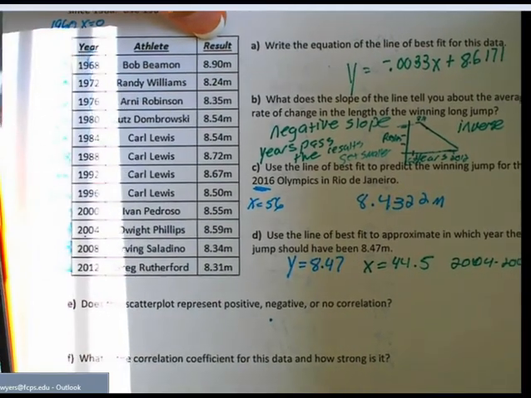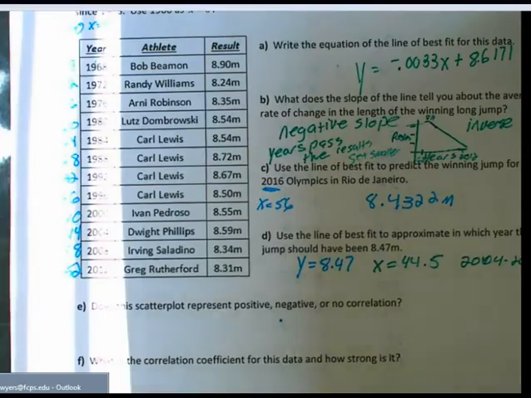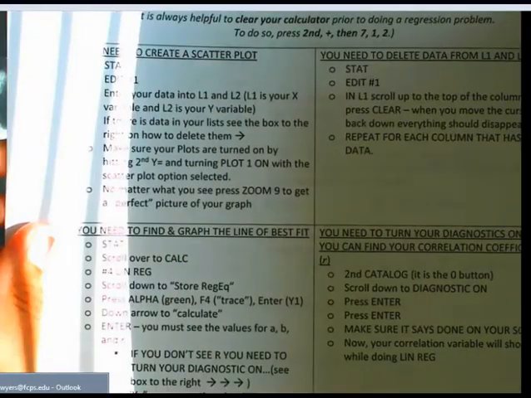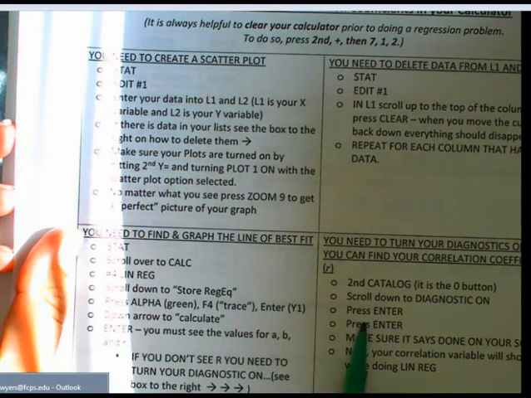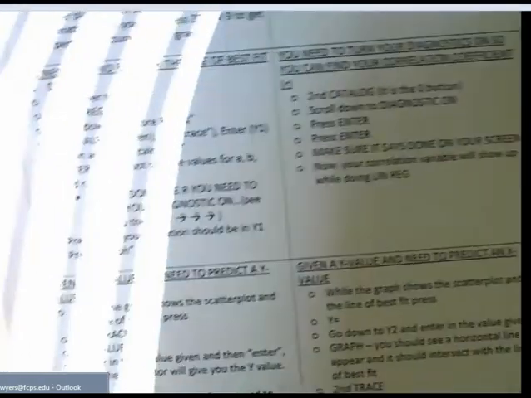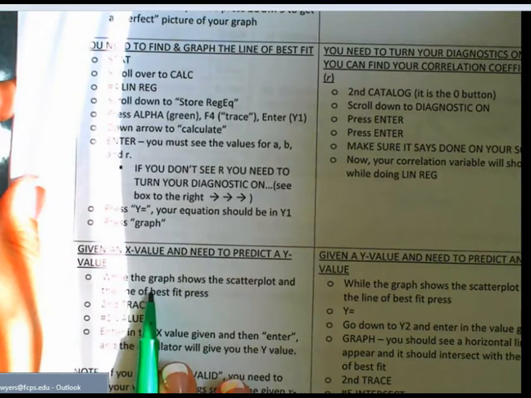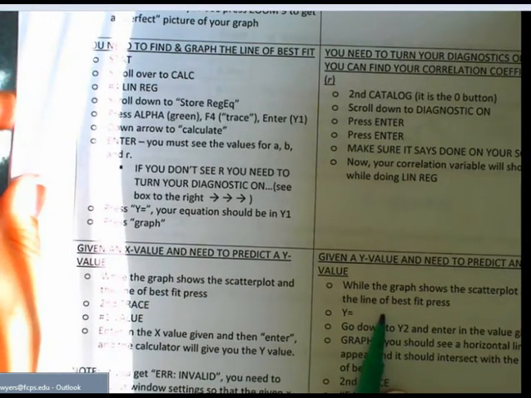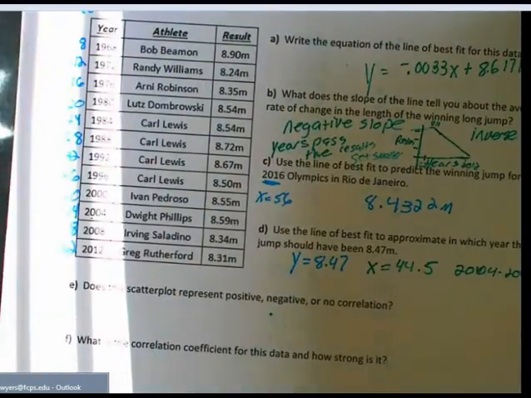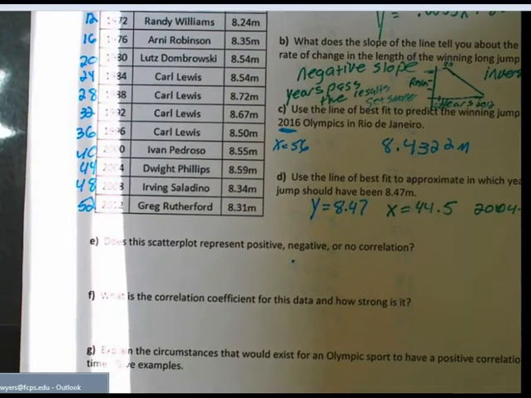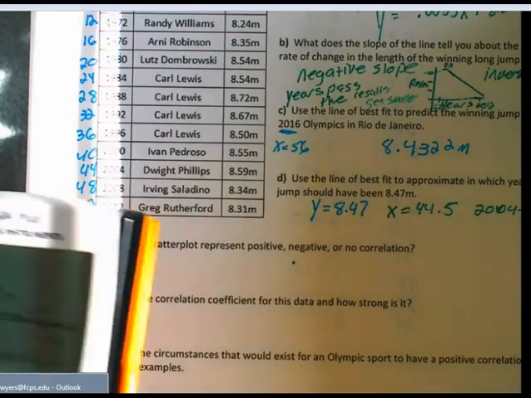Remember, all this information is on the sheet they should have given you: creating your scatter plot, turning your diagnostic on, line of best fit, and then the what-if: given an x value, predict y, and given a y value, predict x. The next one is, does the scatter plot represent positive, negative, or no correlation?